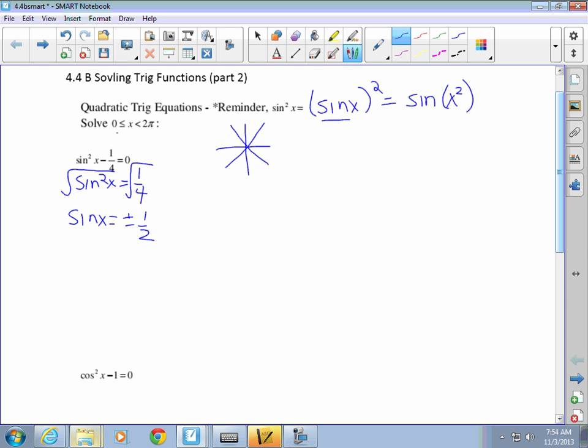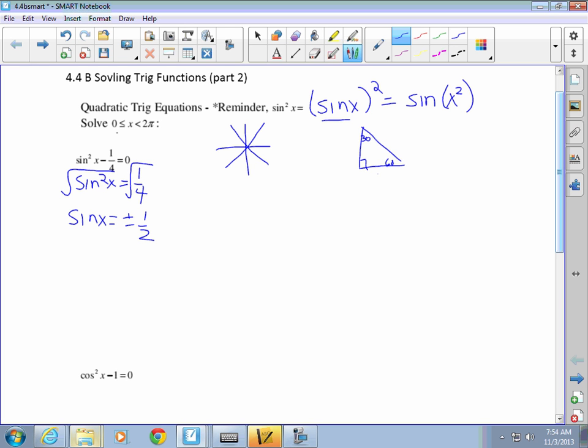So now I'm going to do my solving and figure out, okay, am I using a 30-60-90 or a 45-45-90? I'm using the ratio of 1 over 2, so I know that has to be a 30-60-90 triangle. This is 30, 60, and 90.